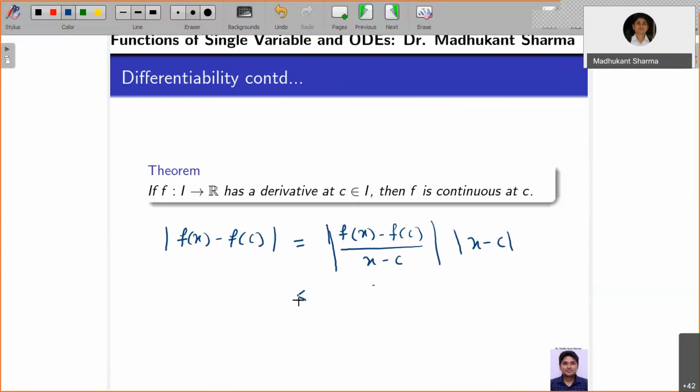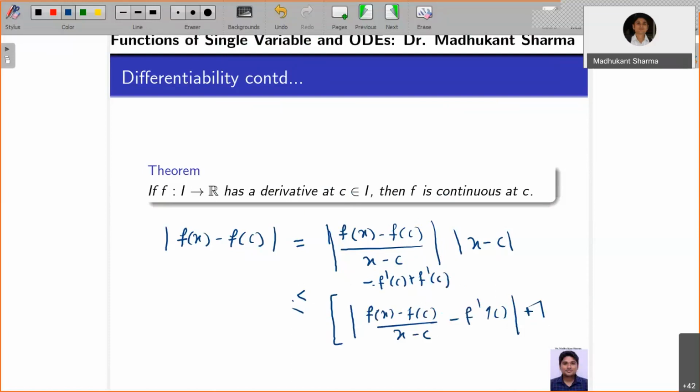So this is going to be less than or equal to mod of f of x minus f of c by x minus c minus f dash of c, plus mod of f dash of c times mod of x minus c.